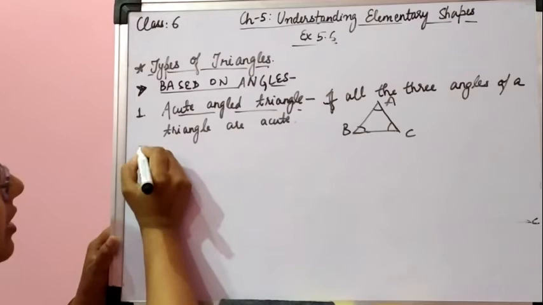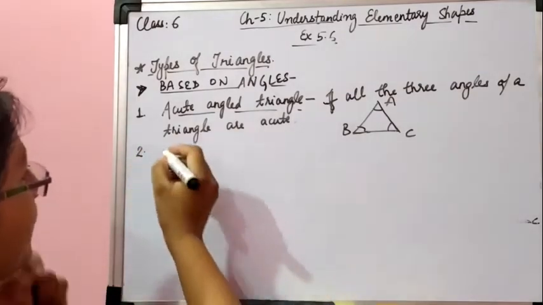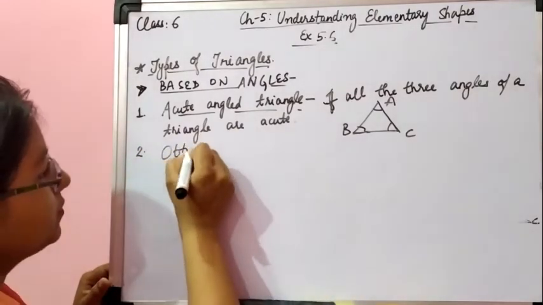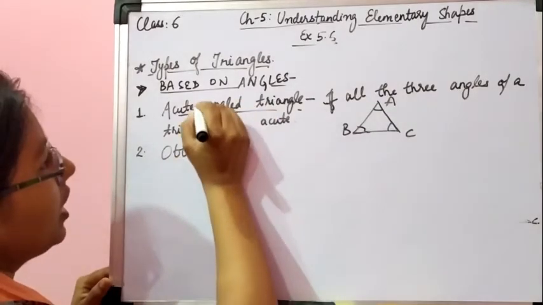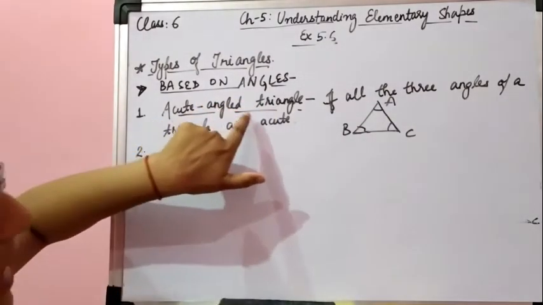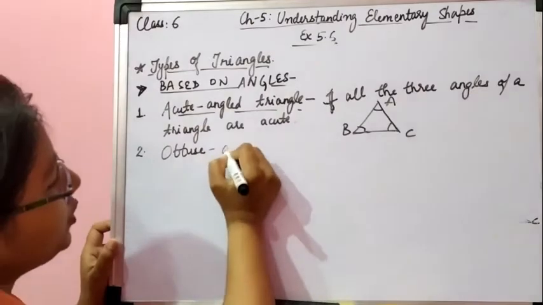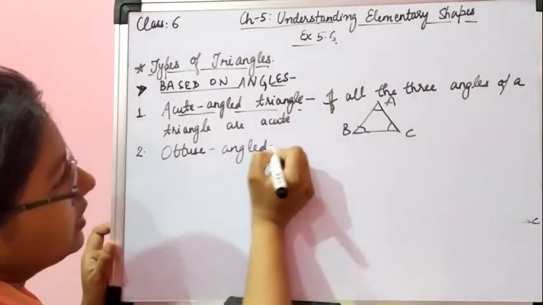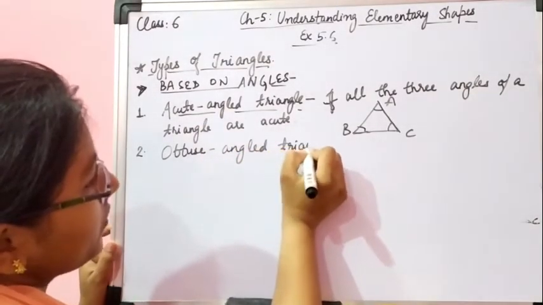Now the second one, you can all guess what it is: the obtuse angled triangle. Acute angled, obtuse angled, the ending is the same, ED. Similarly, the obtuse angled triangle.